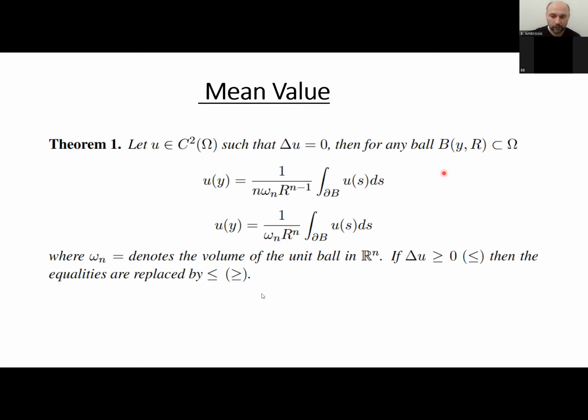So this says that for any x1, u of x1 is less than 3 to the n times u of x2.